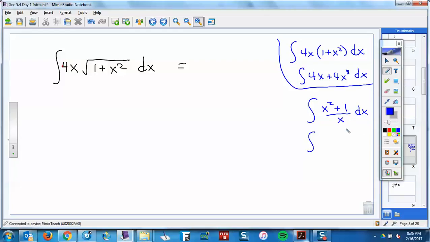Anytime we have a single denominator, you should give a thought to splitting it up. There will be times where it won't work, but here you definitely should. So that would be x squared over x, and 1 over x. Then x squared over x is just x, plus 1 over x, and now you just do that antiderivative.